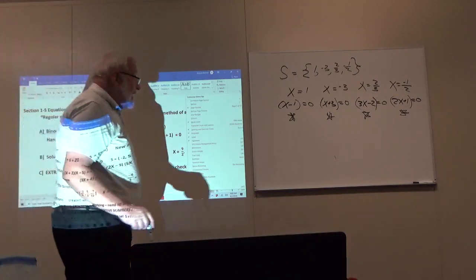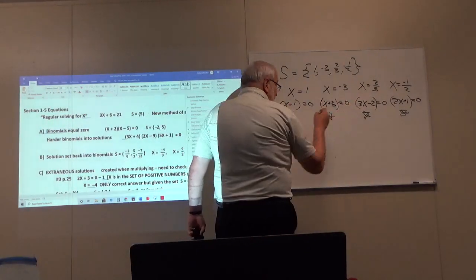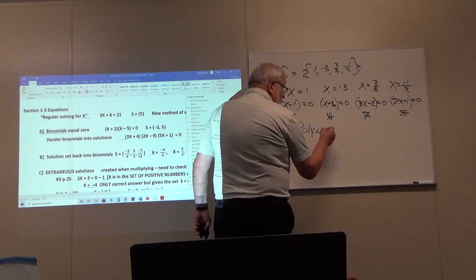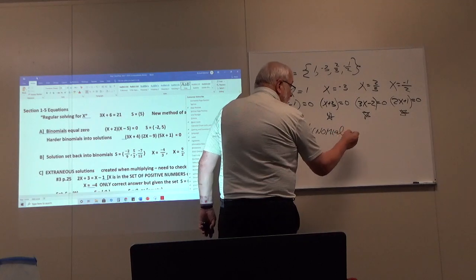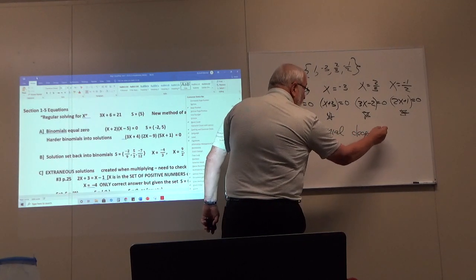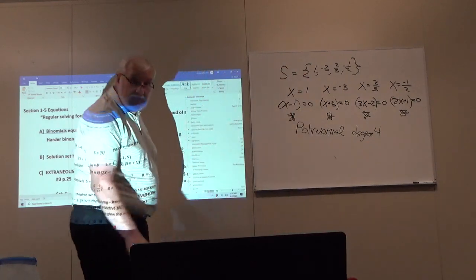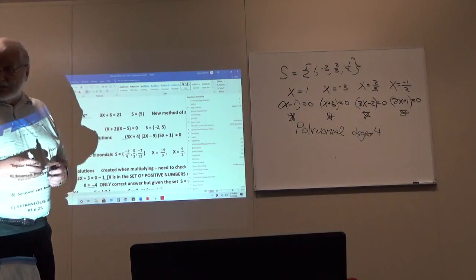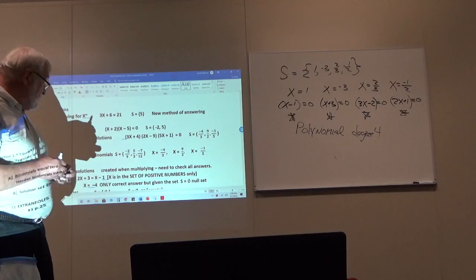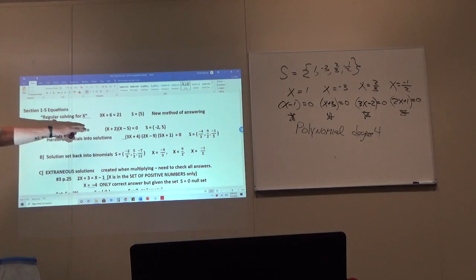All right, and so if I multiply those 4 things together, I would have a polynomial of degree 4, because that's going to end up being x to the 4th power. Okay, now, those are the things that are part of where we're headed. So in this chapter 1, that's several things that you've got to do.